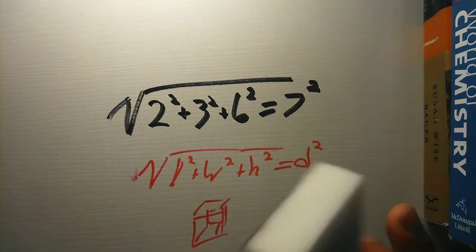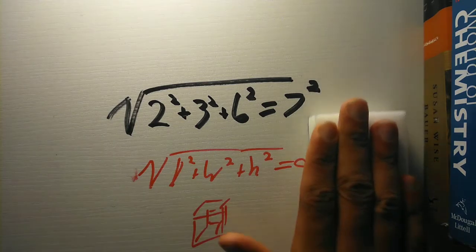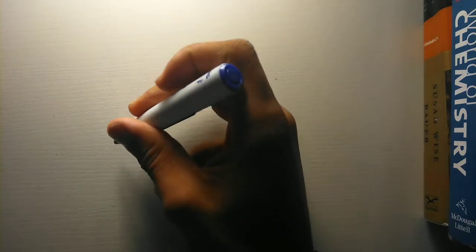Okay, now that we have that out of the way, let us take a look at the coordinate plane, the coordinate geometry. We are first going to be looking at midpoints of segments. So let me draw a little graph.